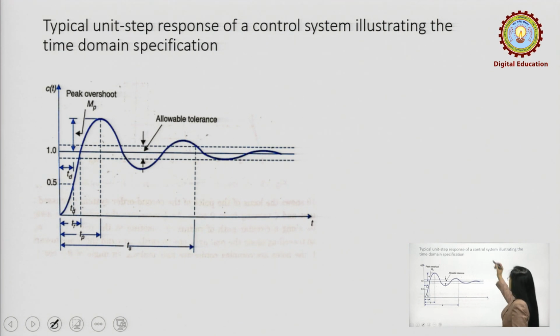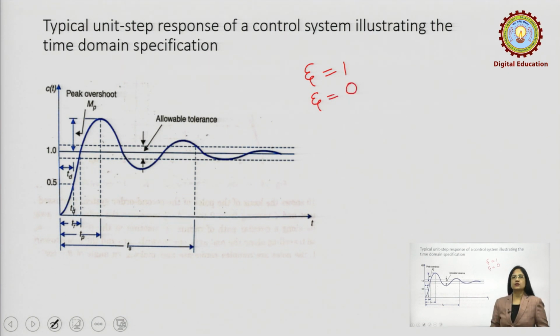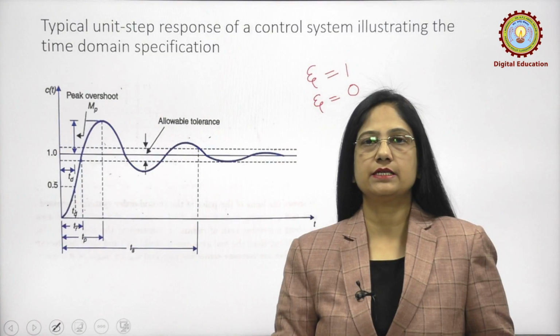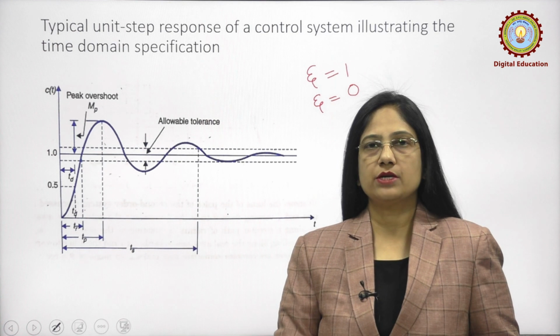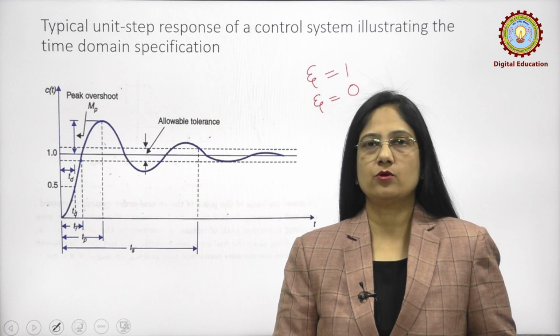As we had seen, when the damping ratio zeta is equal to 1, the condition is of critical damping, and when zeta is equal to 0, it is the case of 0 damping. However, most of the control systems are designed for a damping ratio ranging between 0 and 1.